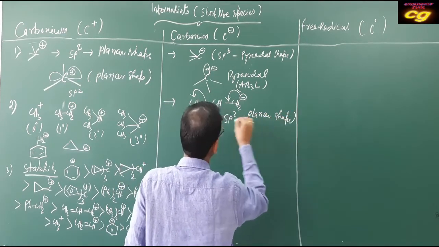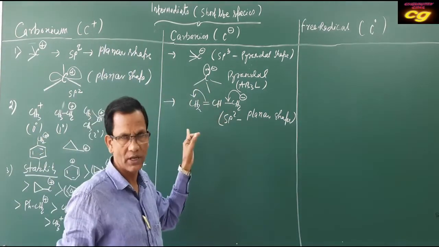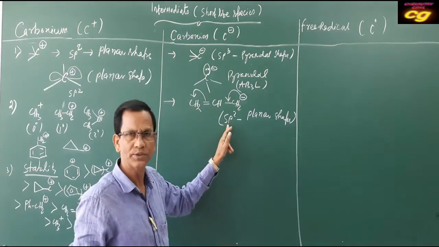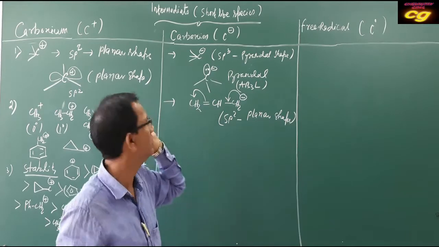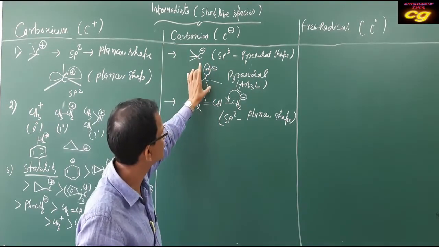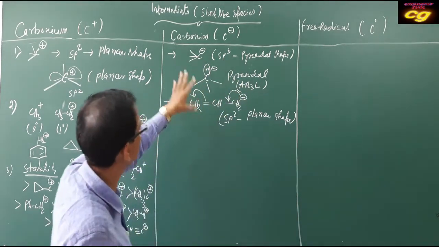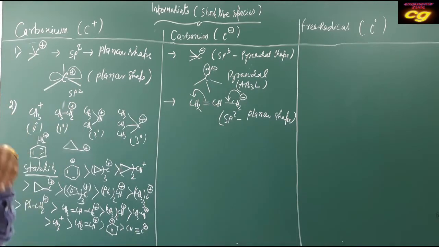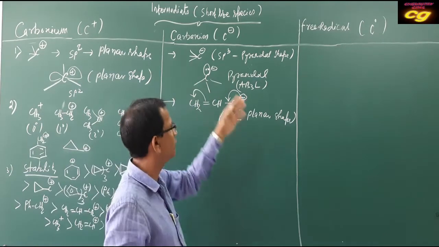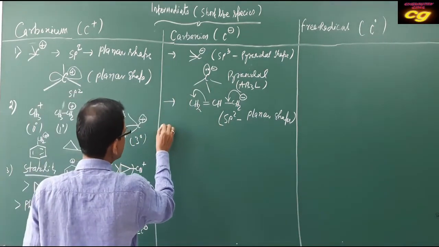This is very important. If the carbanion is stabilized by resonance through pi bond conjugation, the hybridization is sp2 and the shape will be planar. But if it is not stabilized by resonance, the structure will be pyramidal, like AB3L. So this is a very important difference: when it will be sp3 hybridized, when sp2, when pyramidal, when planar. Remember these things, very important. Then types.